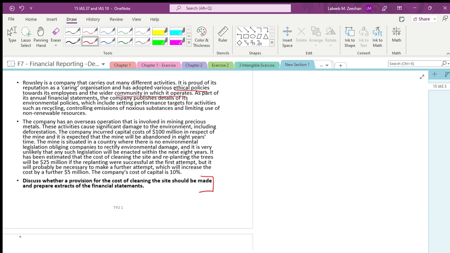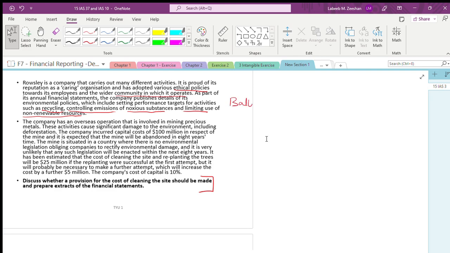As part of its annual financial statement, the company publishes details of the policies, which include setting targets. This is what environmental accounting talks about: recycling, controlling emissions of noxious substances, and limiting use of non-renewable resources.